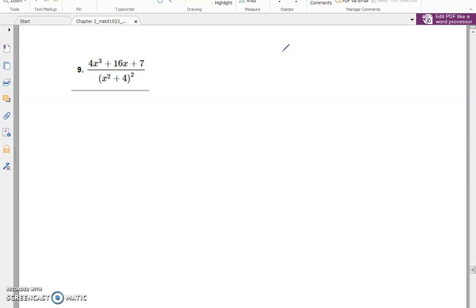So now our focus will be on question number 9. If you want to decompose this fraction into partial fractions, you need to focus on your denominator.